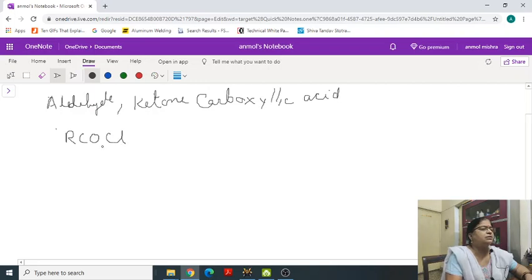RCOCl means the OH of the carboxylic acid is replaced by X. So it is called acid chloride.